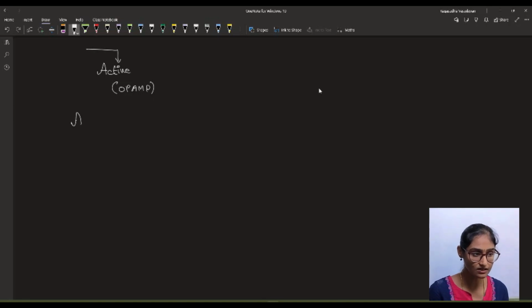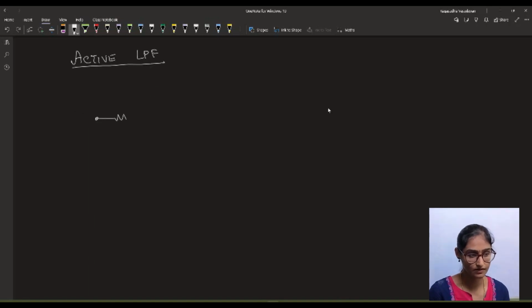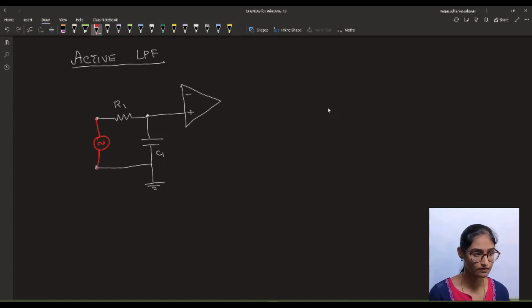So in an active low pass filter, we will have a low pass filter followed by an OPAMP. We will have a low pass filter, R1 in series with C1, and this will be applied to the OPAMP's non-inverting terminal. We will be applying a voltage input over here.